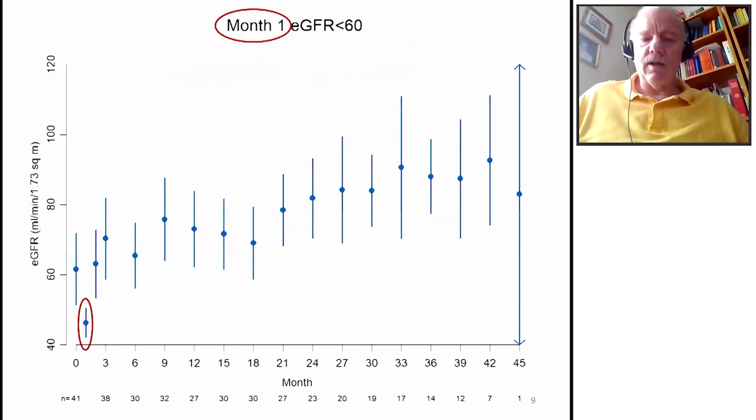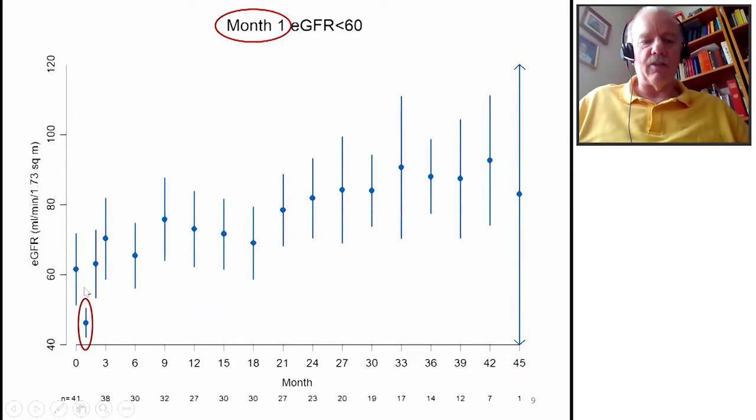Here's the group that we identified that had low EGFR at month 1. Now you see that if you go backwards in time, their EGFR is higher, meaning they're doing better, their health is better. So this discounts the theory that it was just that they were dehydrated at baseline, and then they came in and got better care, and that's why they had better values.